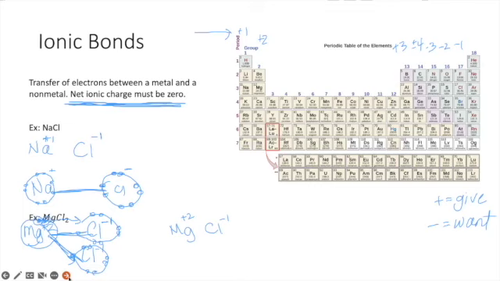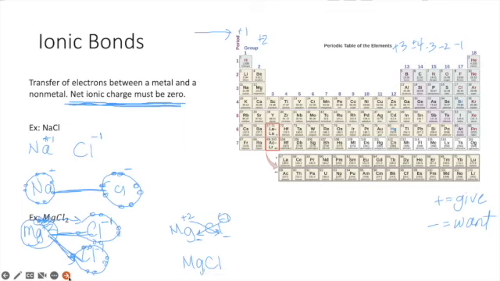But a really foolproof way of determining how much of each atom we're going to need, therefore how much the subscript, the number the subscript indicates, is to swap their predicted charges. So magnesium, if we take this -1, it would be like saying it has a 1 subscript.